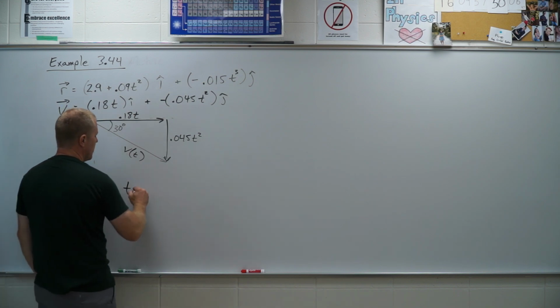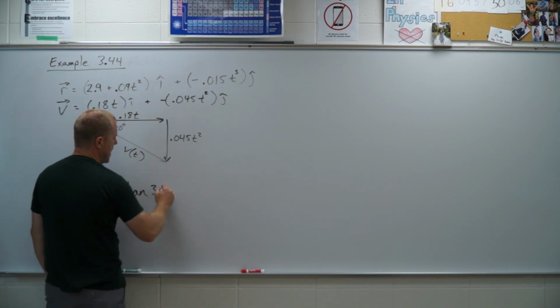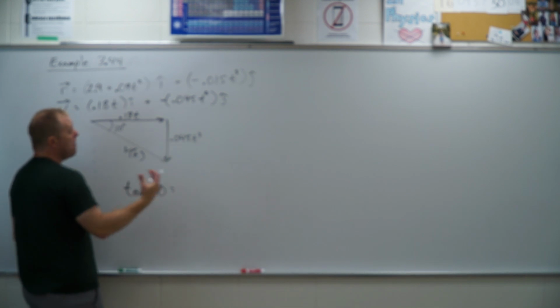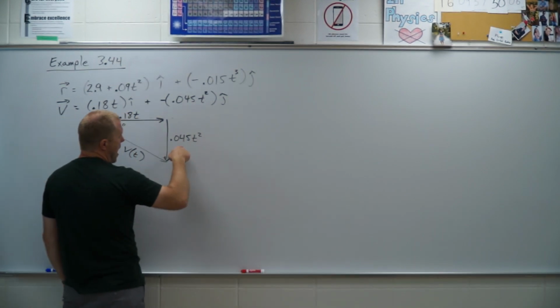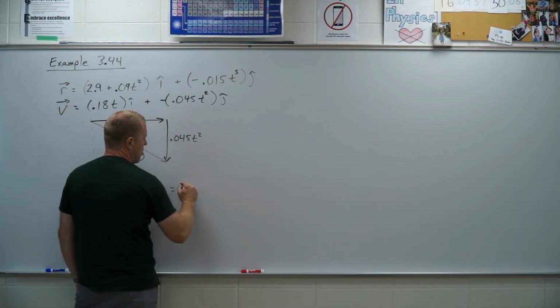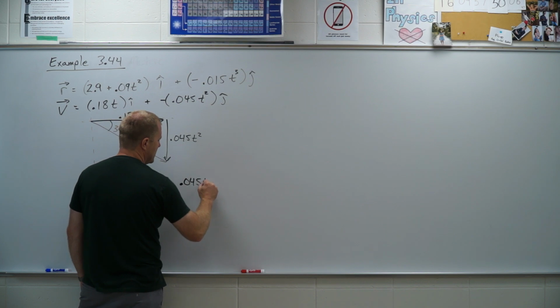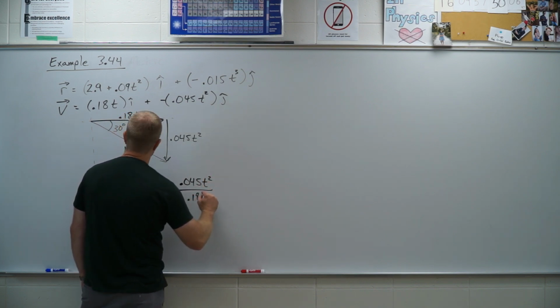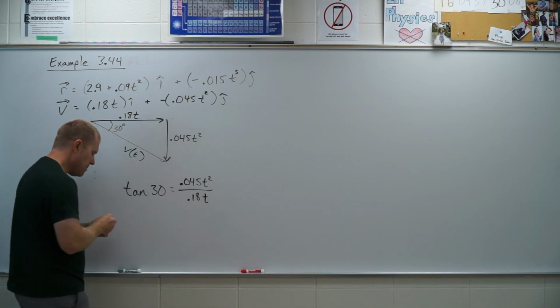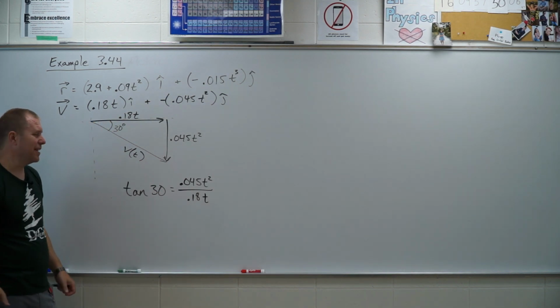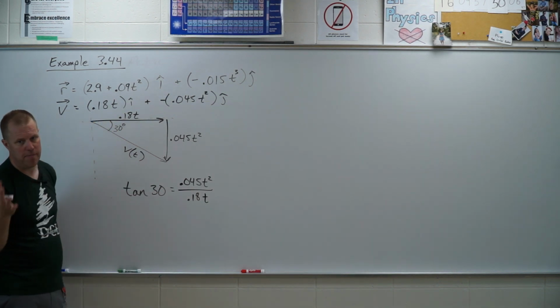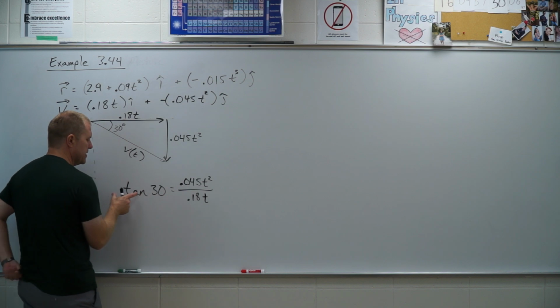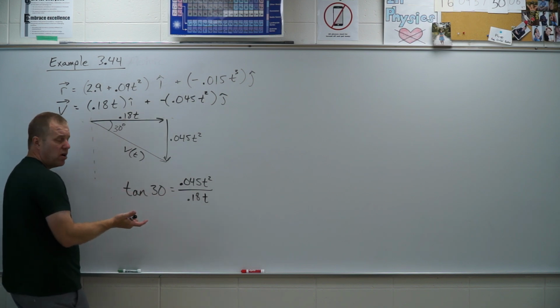For that to occur, I'm going to create an equation here that the tangent of 30 must equal the opposite over the adjacent, so 0.045t squared divided by 0.18t. Now there is one solution that kind of works here mathematically. So if I move this over to this side, t equals 0 works.